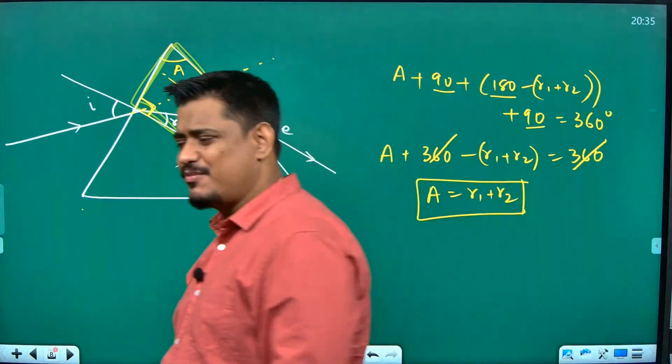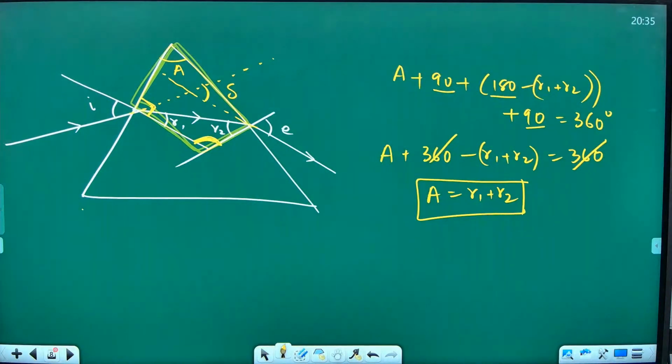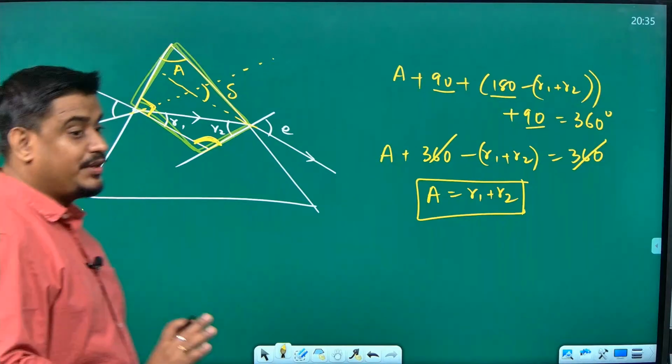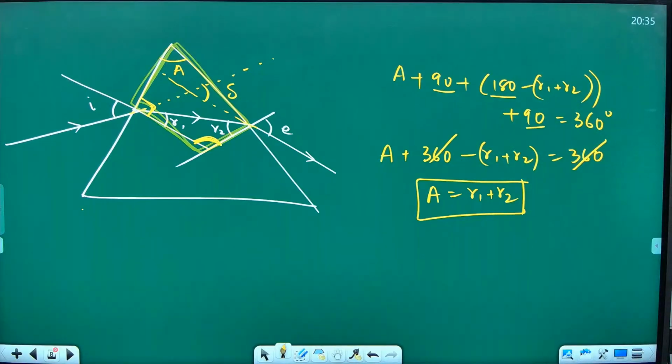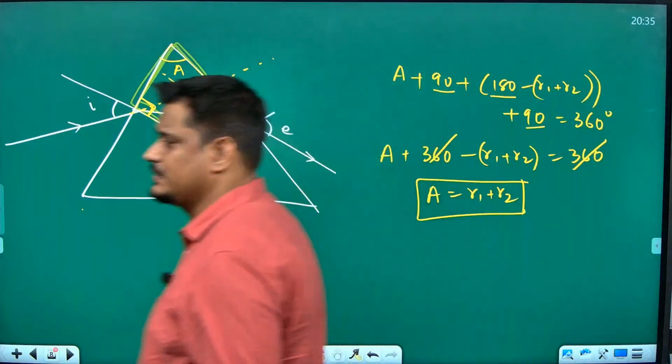Angle of minimum deviation, not maximum deviation, minimum deviation. It will come today. It's an important topic for the board examination. One question is certainly going to come from angle of minimum deviation. Have you written this? Can I proceed? Make it fast.